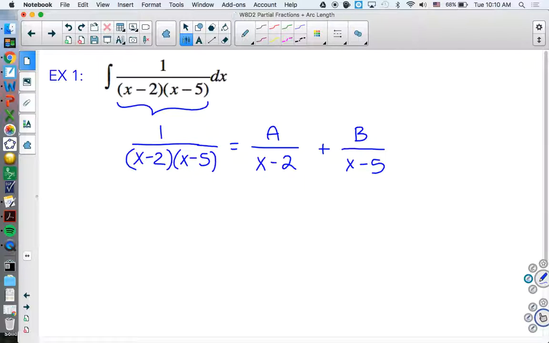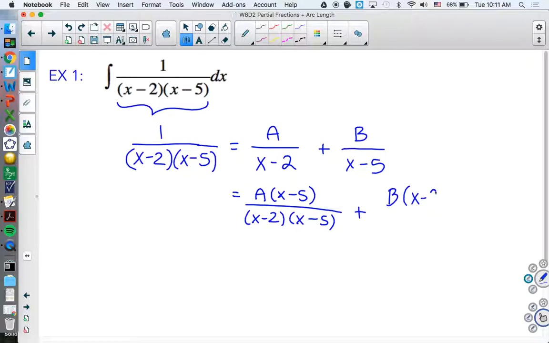So what do we need to multiply the first fraction by? So we've got in the numerator a times x minus 5. And in the denominator, we have that common denominator that we're looking for, plus. What do we want to multiply the second fraction by? So b times x minus 2.